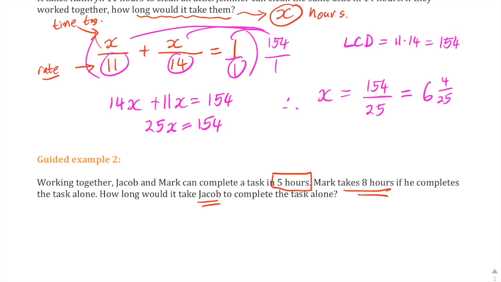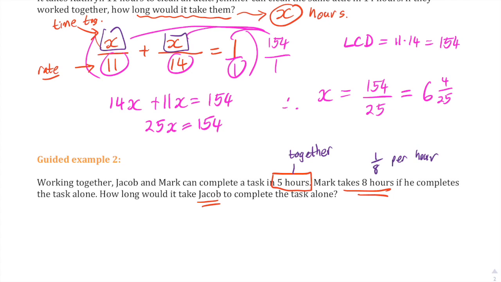Okay, so let's just look at this. First of all, Mark takes 8 hours to complete the task alone. That means he is completing 1/8 of the job per hour. 5 hours is the amount of time that they work together, and so you'll notice in the first example the amount of time they work together went in the numerator. That was x because it was our unknown.